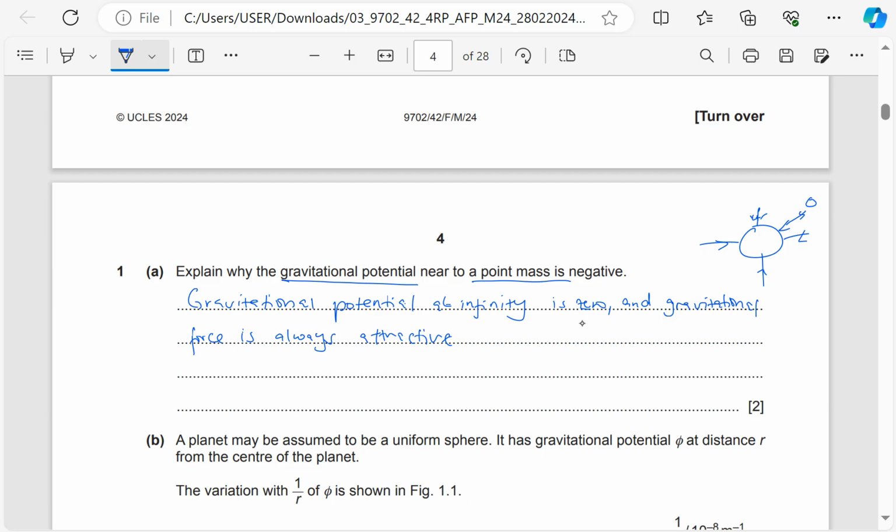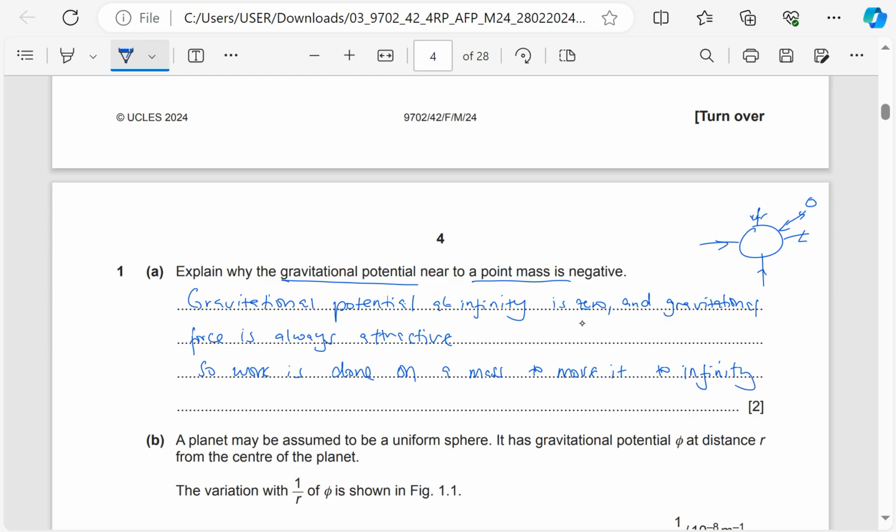So work is done on a mass to move it to infinity.